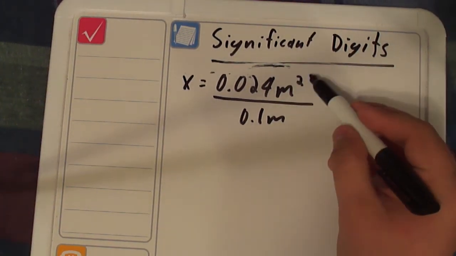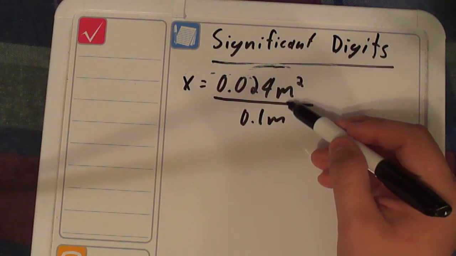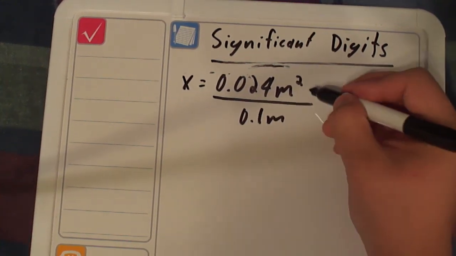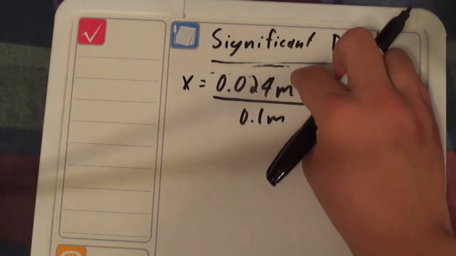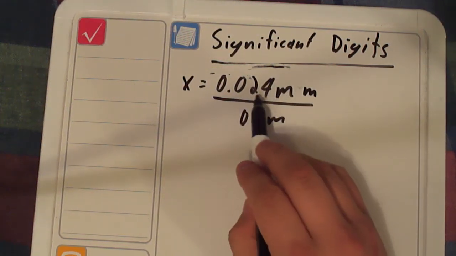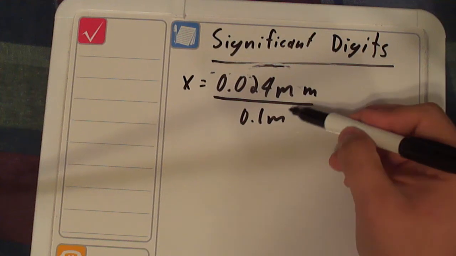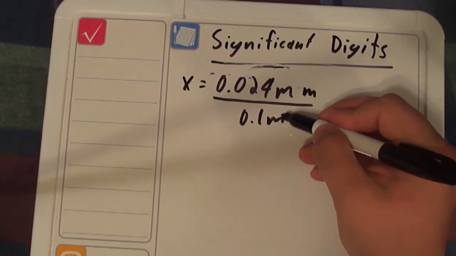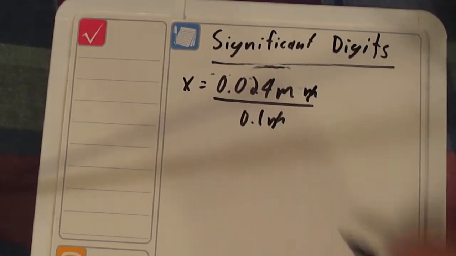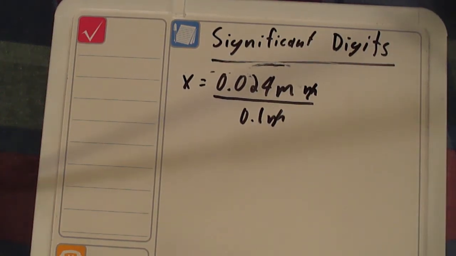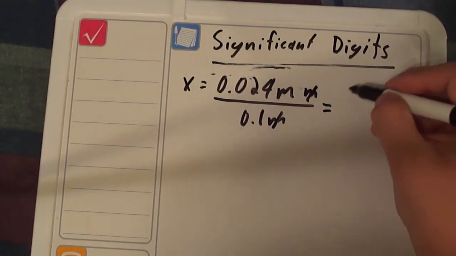So when you have meters squared over meters, that means there's meters times meters over meters. Well, if you have meters and meters over meters, you get 1 that cancels. There you go, nice and simple, and you just do your calculation.